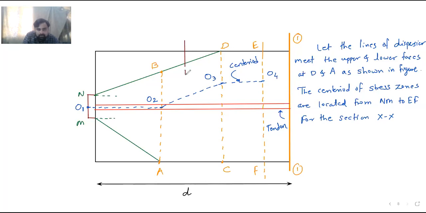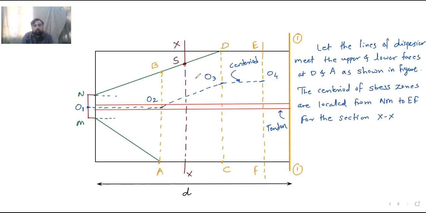So this is section XX. Okay. Let the section intersect this dispersion line at this point, and let this point be S.